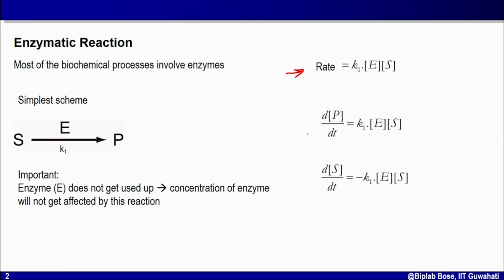The rate of change of product concentration, dP/dt, is equal to K1 into E into S. And as the product is formed, substrate gets used up. That means dS/dt, the rate of change of substrate, will be equal to minus K1 E into S. This minus is here because this process is reducing the amount of substrate as the product is formed.